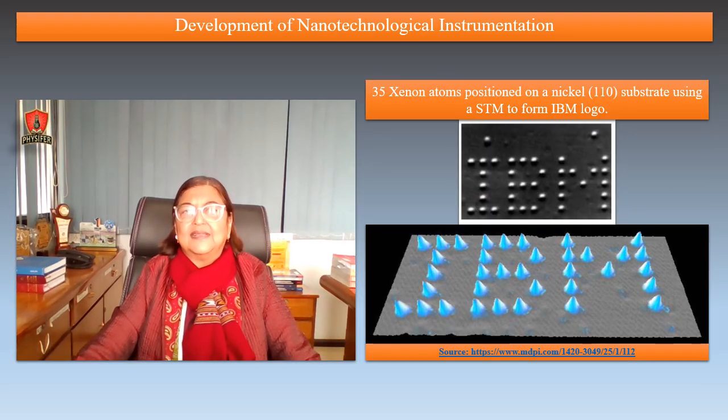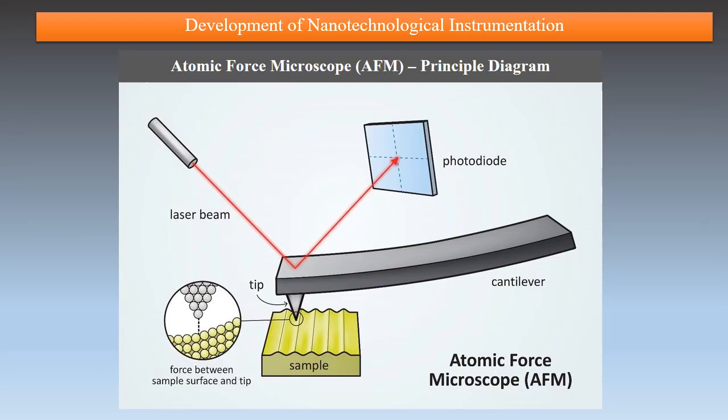A few years later, in 1990, STM was used to manipulate 35 individual xenon atoms on a nickel surface and formed the letters of IBM logo as shown here in the image.